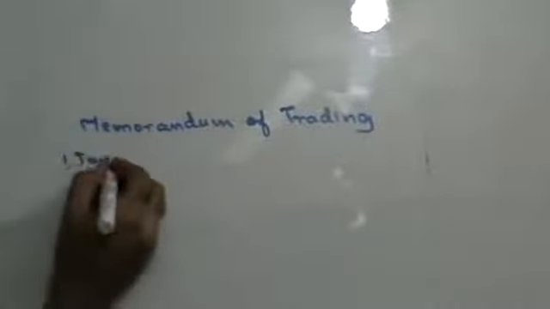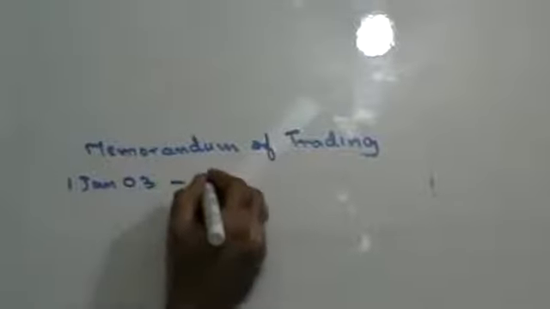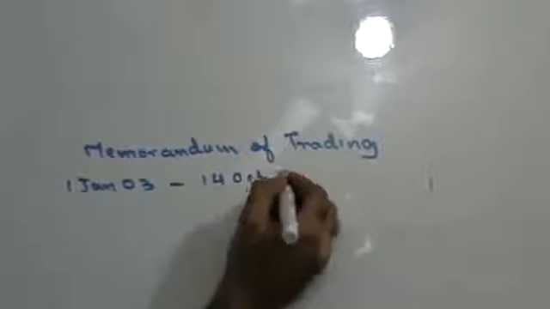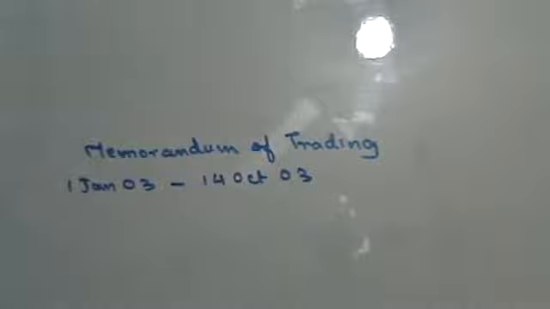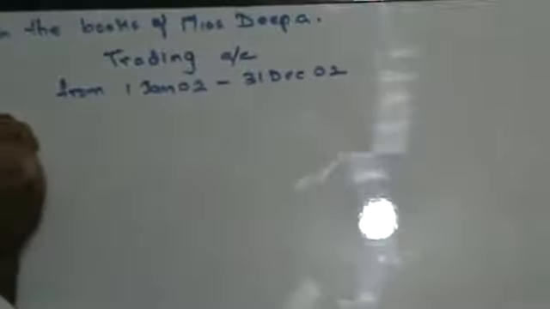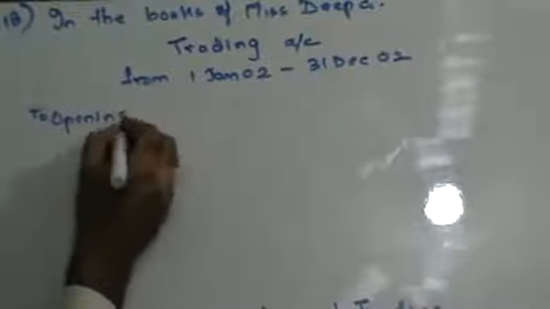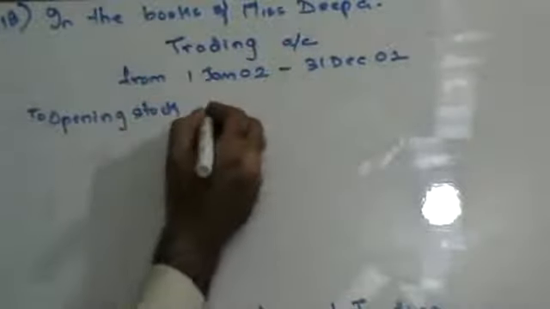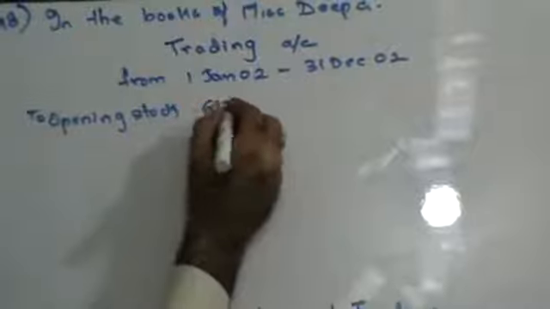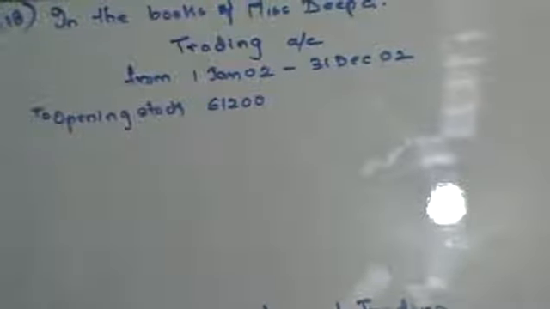My current year is from 1st Jan 2003 to 14th October 03. Let's start. Opening stock of the previous year is given to you as 61,200.